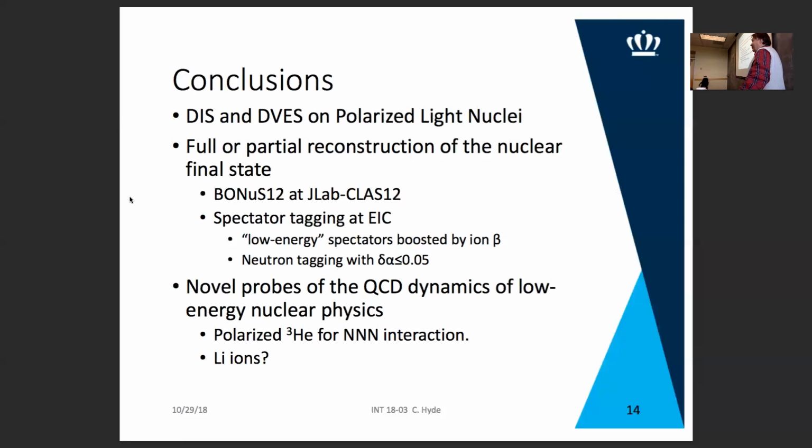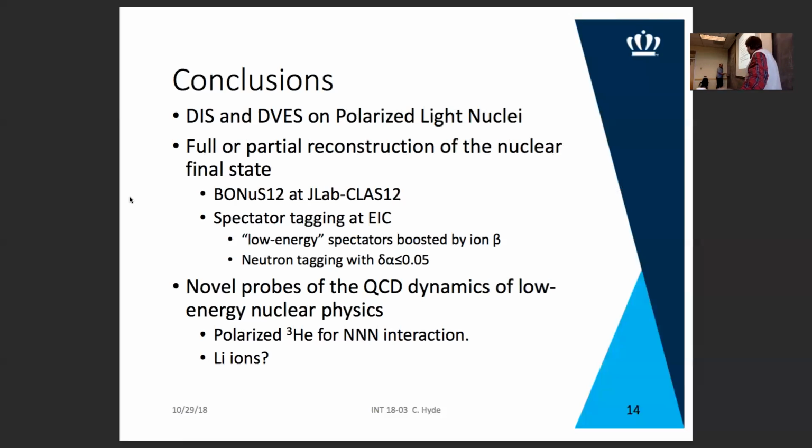Oh, then you will do what I think Doug did years ago, spin transfer. In Hall B, these things are not tensor polarized, and you don't have a polarimeter. I think the EIC can do tensor polarization as well as it can do longitudinal polarization.